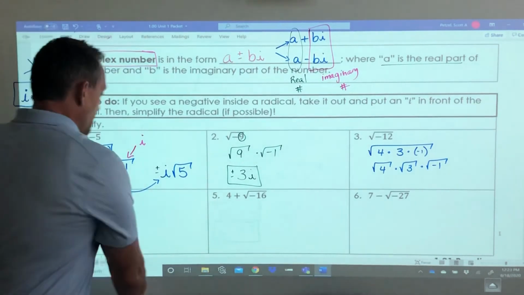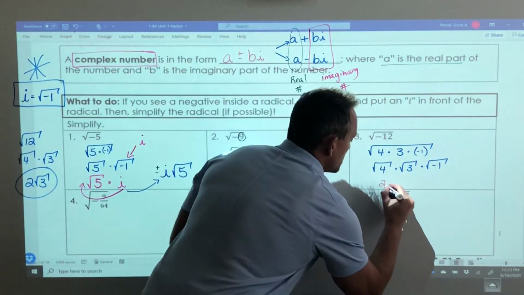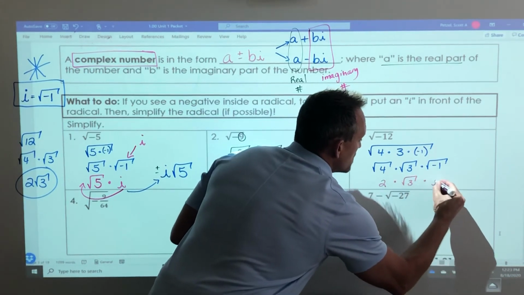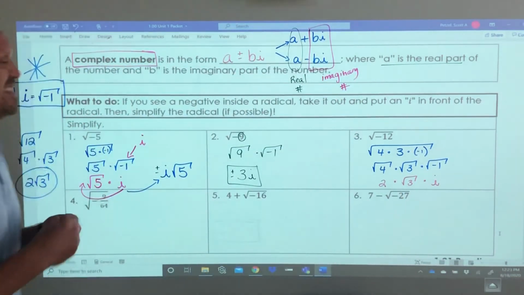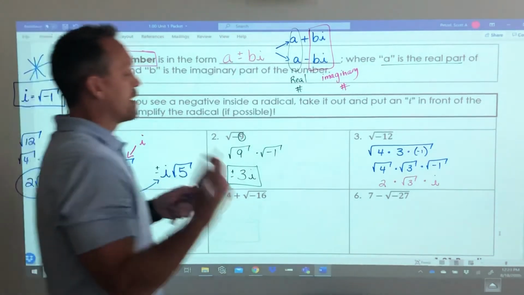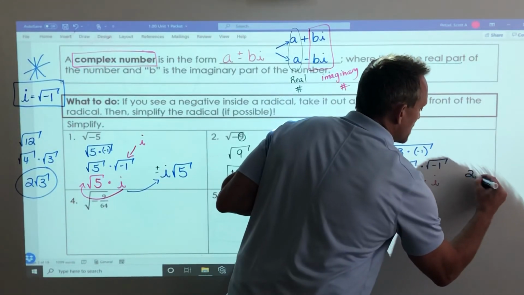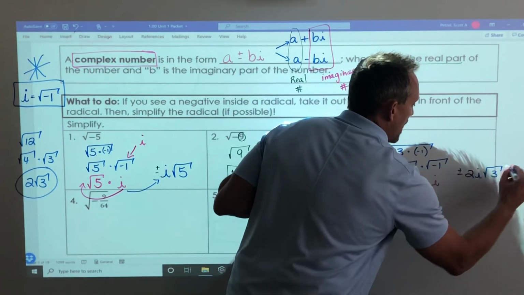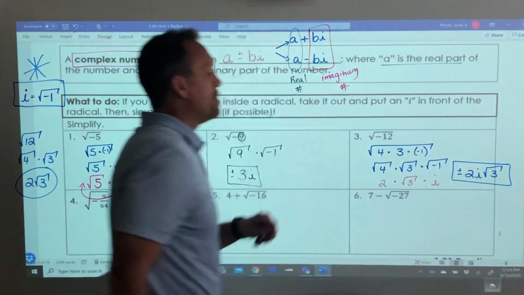What comes out? 2 square root of 3 I. If it's not inside the radical, it comes out front. Technically, positive and negative. It could be both.